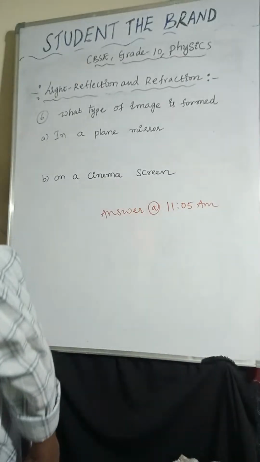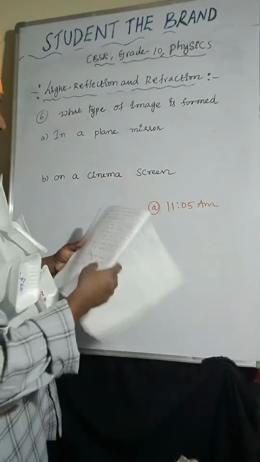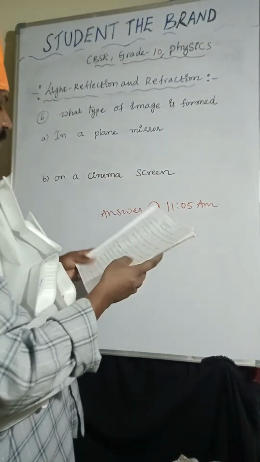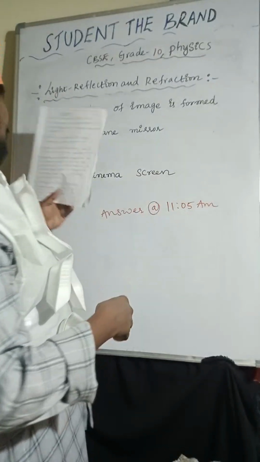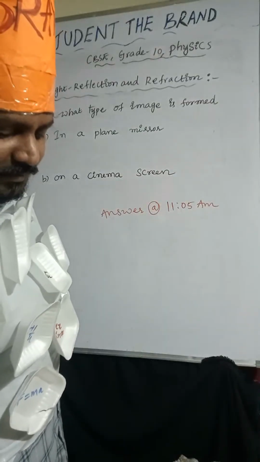Okay, so you can check the answer: on a plane mirror a virtual image will form, on a cinema screen a real image.